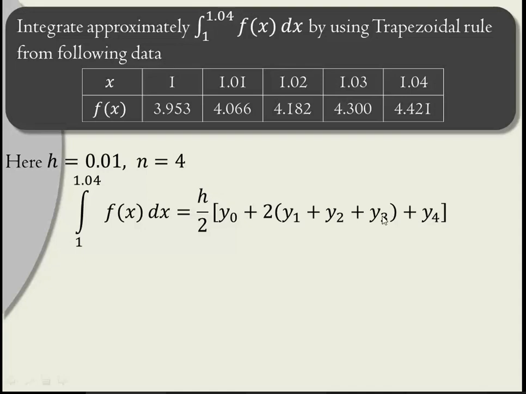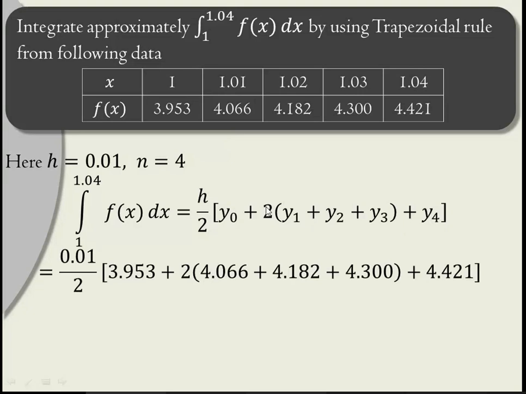Put the value of h as 0.01, put in the values of y0, y1, yn and all the values in between, and do this simple calculation. Calculating this gives us the answer 0.16735.